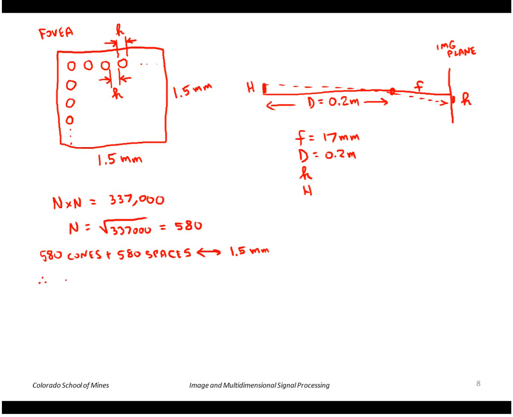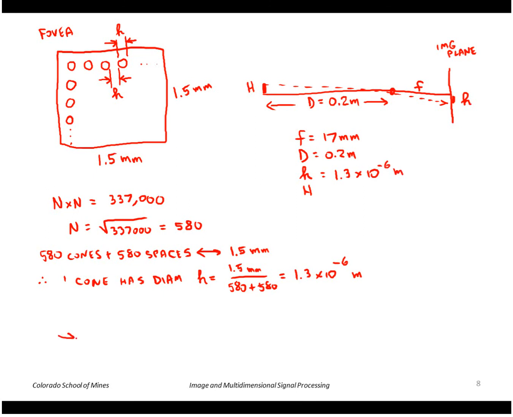So one cone has a diameter, call it little h, equal to 1.5 millimeters divided by 580 plus 580. It's 1.3 times 10 to the minus 6 meters. So that gives us little h, which is 1.3 times 10 to the minus 6 meters.